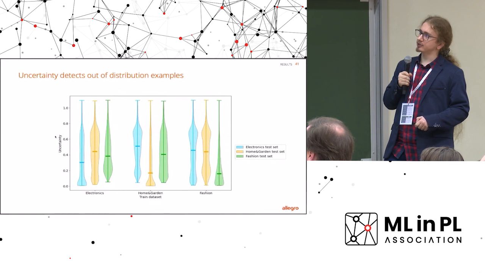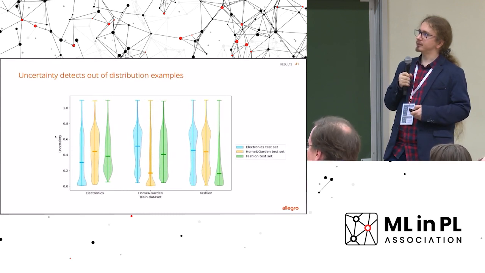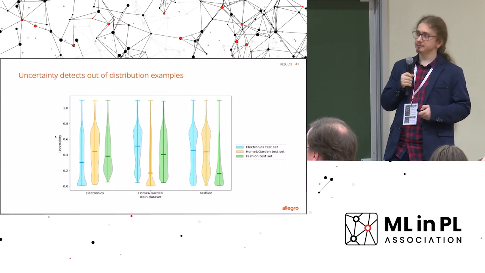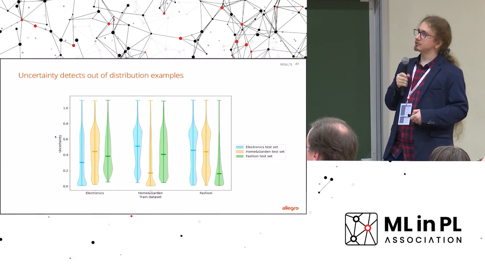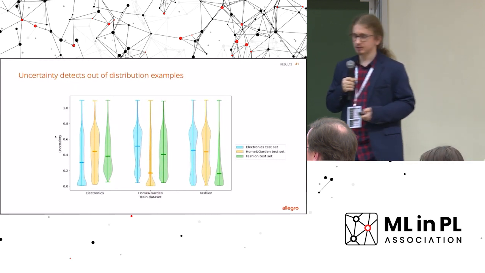And on the y-axis is, again, the uncertainty level. So in all cases, basically, the lowest median uncertainty is achieved when we test the model with the same department as it was trained with. And when we test the model with other departments, we get higher levels of uncertainty, and in some cases even much higher. So this shows that clearly in the named entity recognition task, by using uncertainty, we can distinguish out-of-distribution examples from in-distribution examples.